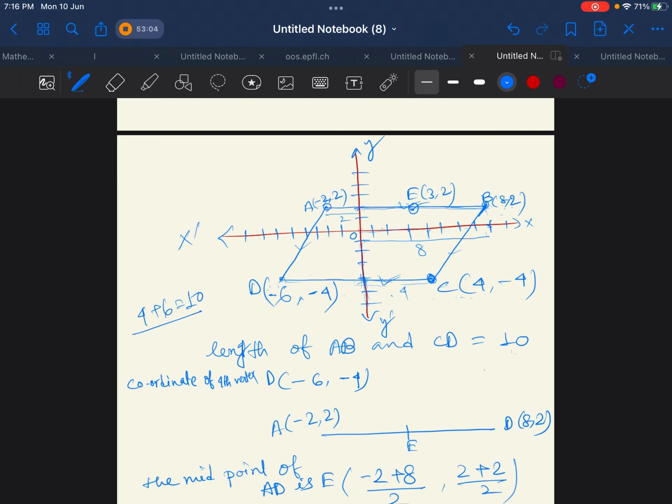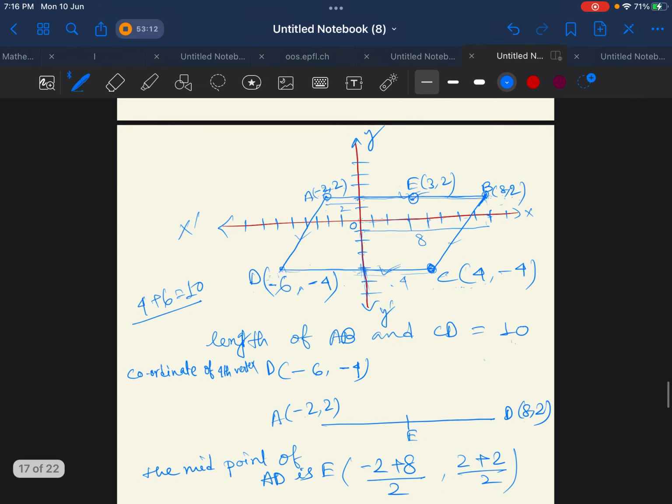Then we get 4 plus 6 equals 10, because the length of AB is 10. So we need the length of CD to be 10. Here the length is 4, so on the other side we need the length from the vertical line to this point to be 6.